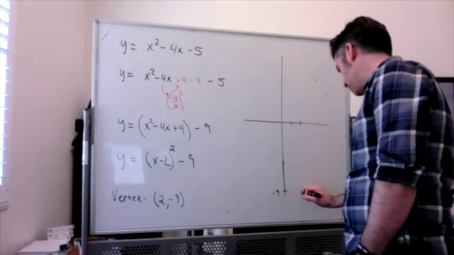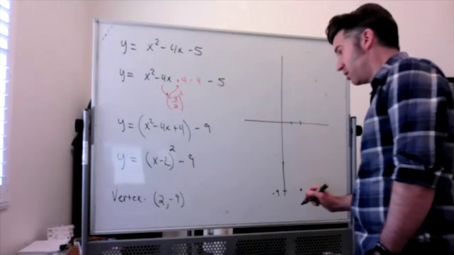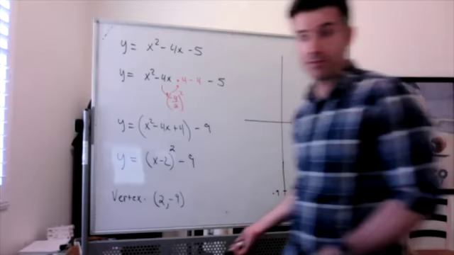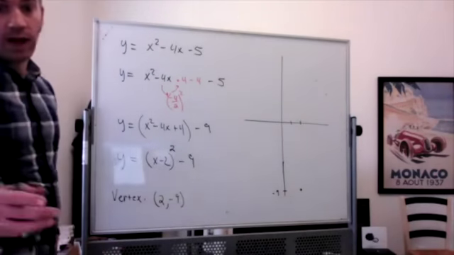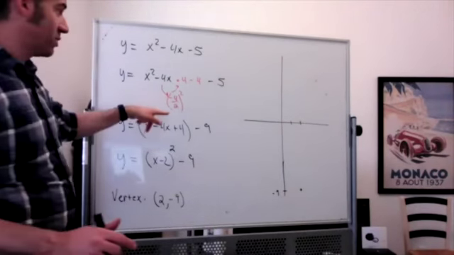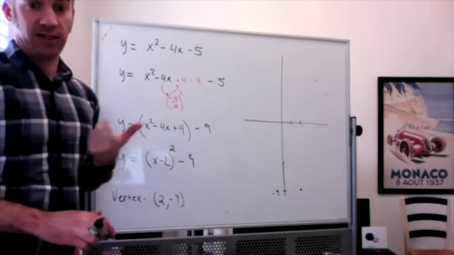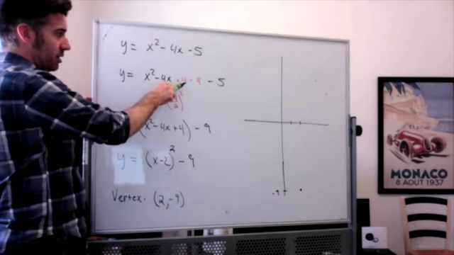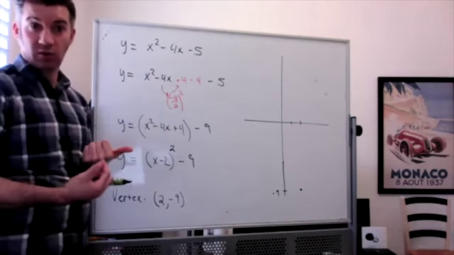So there's my vertex. We do know it opens upwards, so we're going to have x-intercepts. The way I got the negative 4 over 2 is because that's the process for completing the square: you take the coefficient of x, you cut it in half, and then you square it.